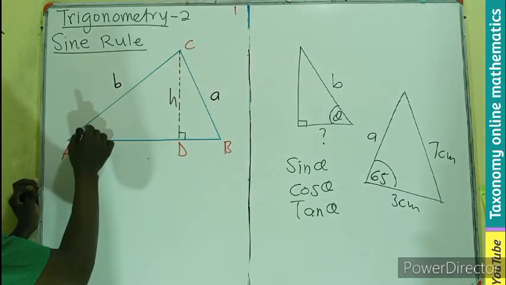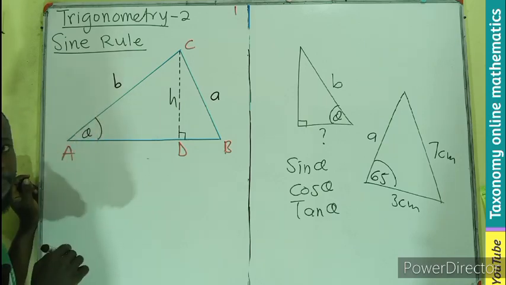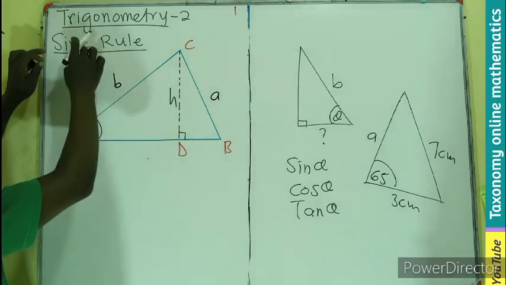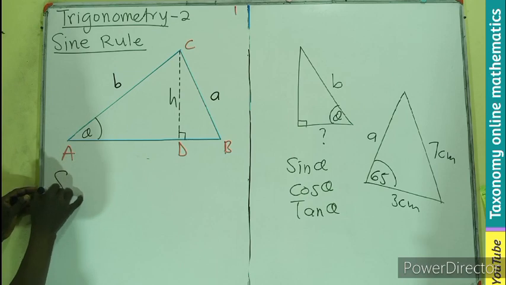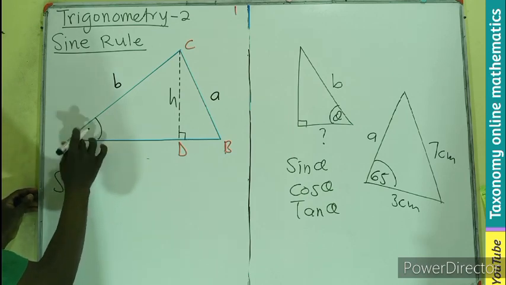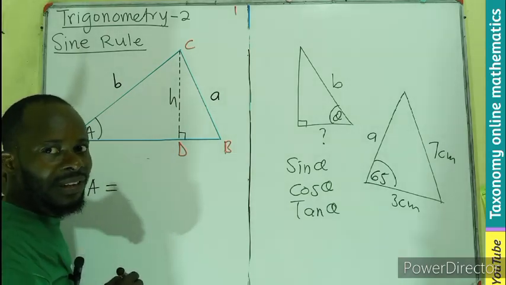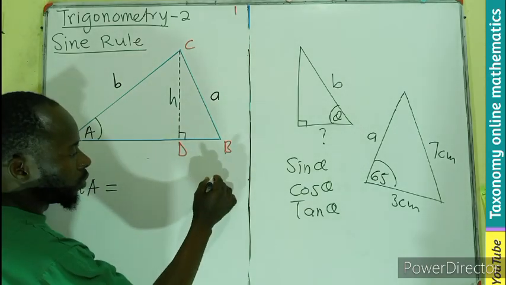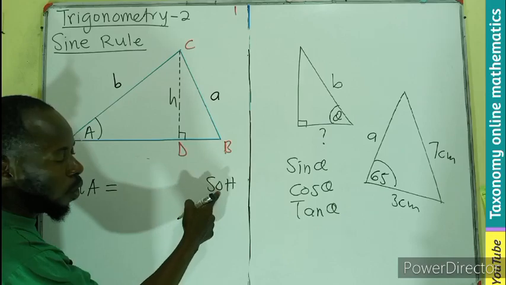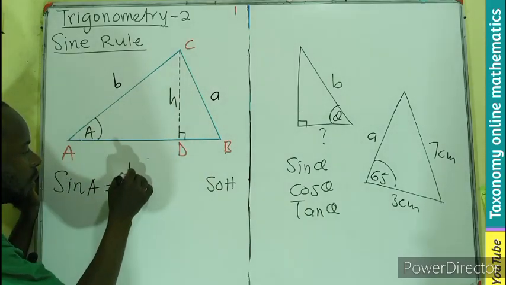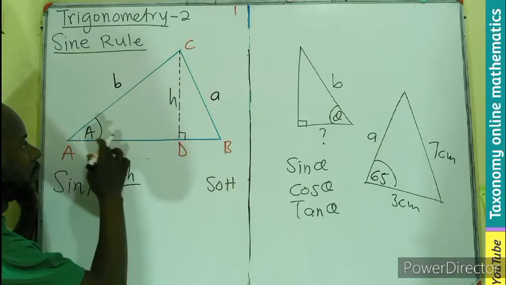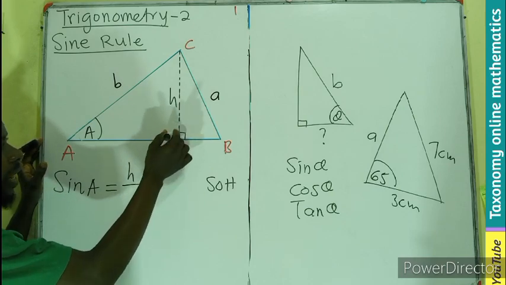So if I want to introduce an angle here, then using the sine, the sine of the angle, let me just put A, is going to be the opposite side, right? So we are picking the opposite side, which is h, divided by the hypotenuse, which is the side facing the right angle box.